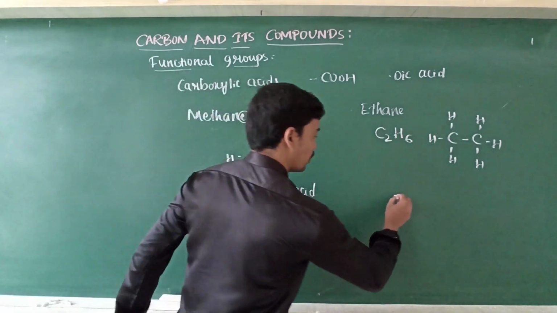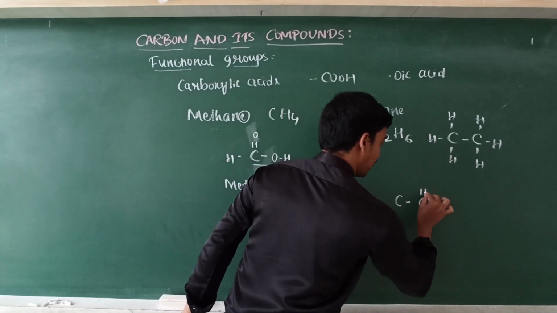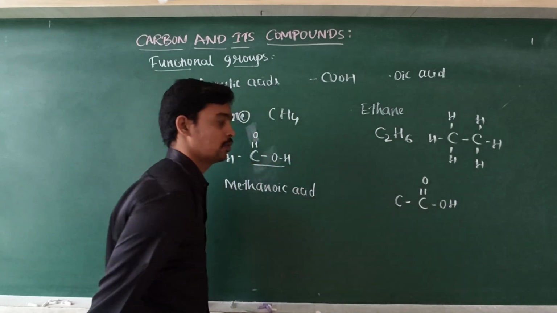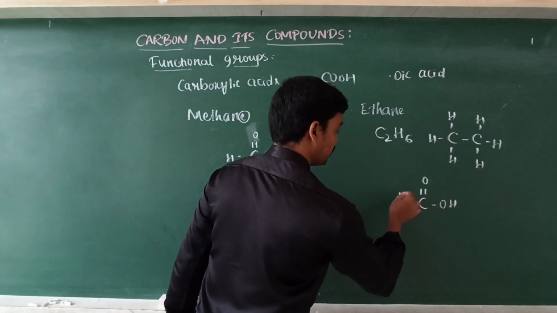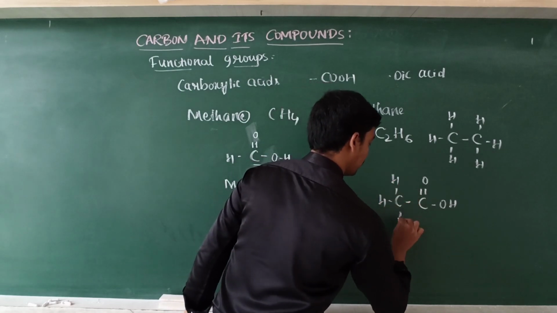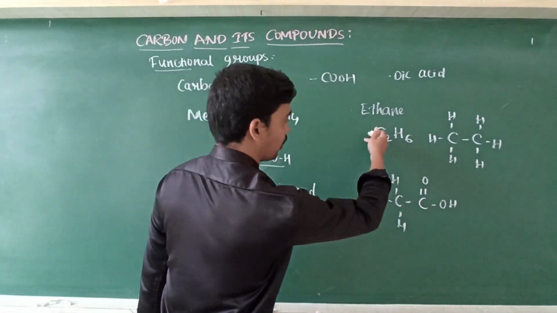Same thing, for one carbon just add the functional group, and here the 4 bonds are satisfied. Write 3 hydrogens and it has become ethane.